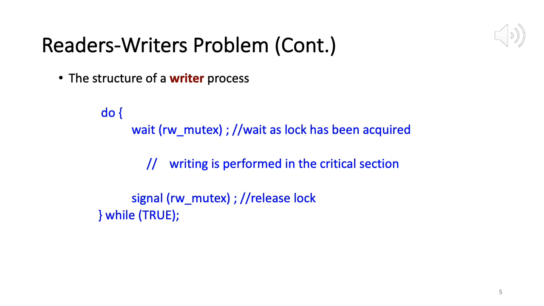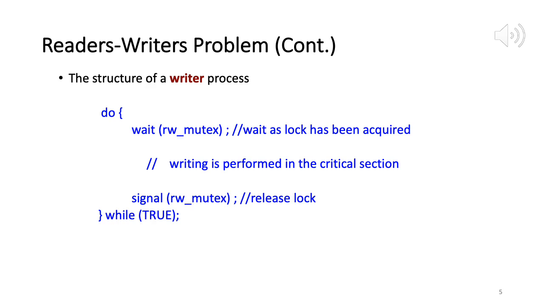Okay. So the code for this is very simple. Wait on read write mutex, as a lock has to be acquired, or wait as the lock has already been acquired by some other process. Otherwise, acquire the lock, do the writing and release the lock. If the value of read write mutex is 1, the lock is acquired by this writer.